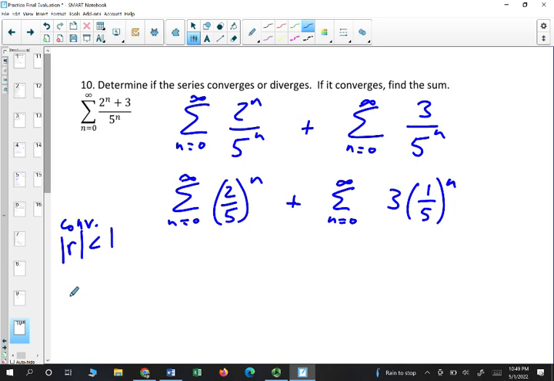Okay, so therefore we could use the formula to get our sum of a geometric series: first term over 1 minus r. Okay, so the first term in the series, we have a 2/5 to the 0, so that'll be 1.